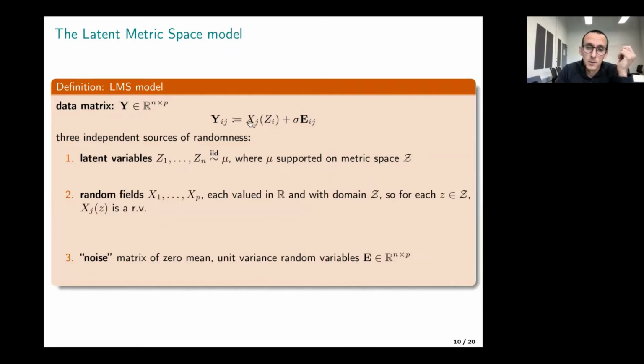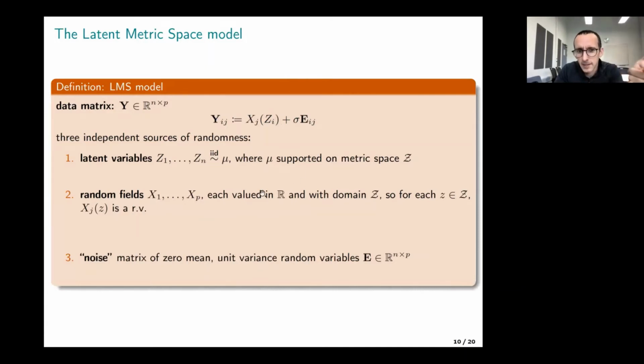So it could be that Z_i is equal to some Z_k. Well, the fields evaluated at those 2 points would be the same, but the observations might not be, because we've got some kind of idiosyncratic noise added on top.